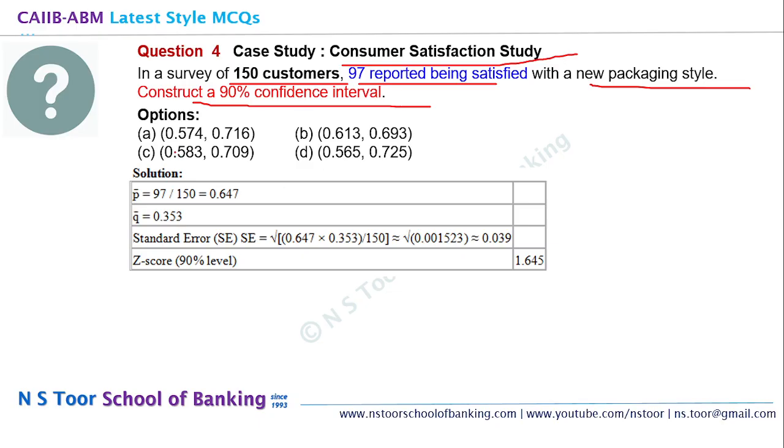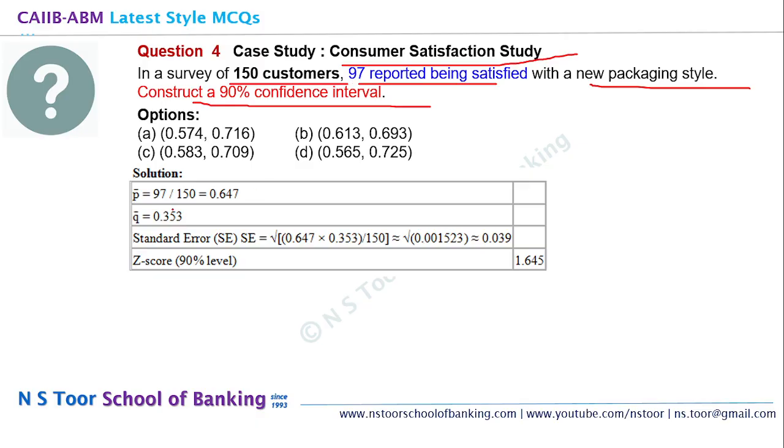So what are the probabilities? There's 4 probabilities they have given. So firstly we have to find out the P bar. What will be the P bar? So how much percentage will be the 97 of 150, or how many customers have given satisfaction out of the total customers?